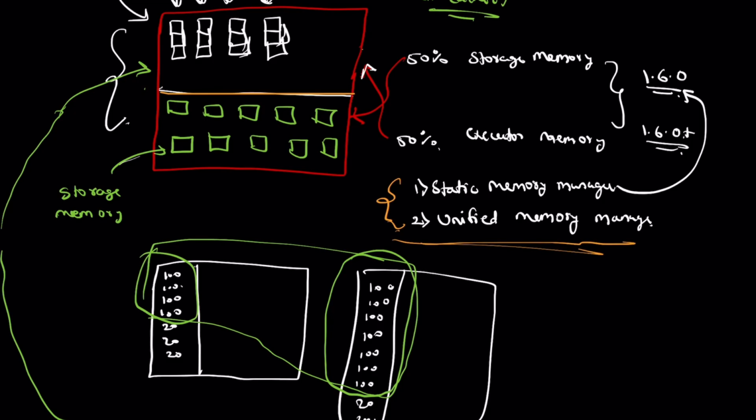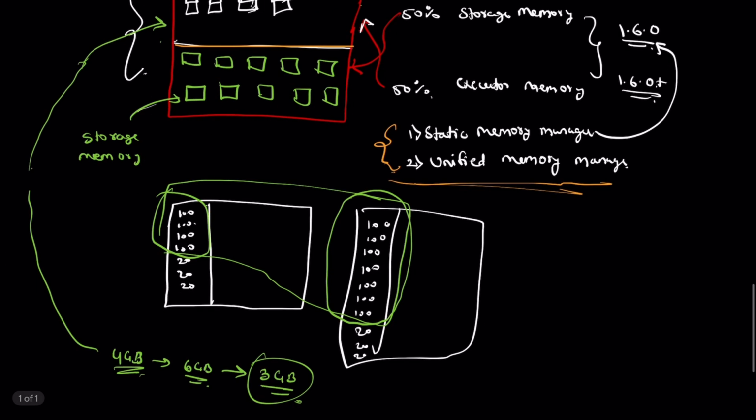To perform the join, we need to have the data in one executor itself, and the data won't be able to fit into it. Due to that reason, we will be getting executor out of memory error. And we won't be able to spill the data because we need the data within a single executor. So in this scenario, we won't be able to write the data to the disk.